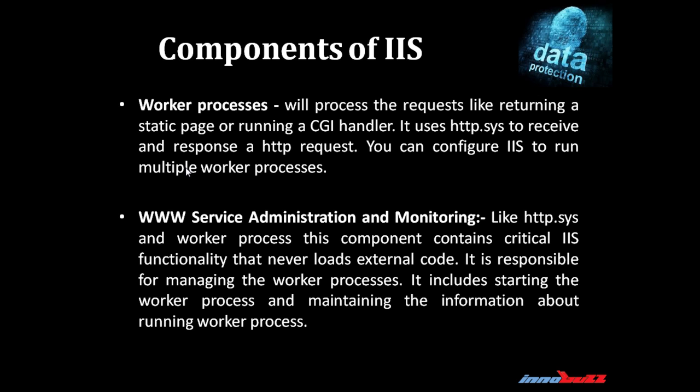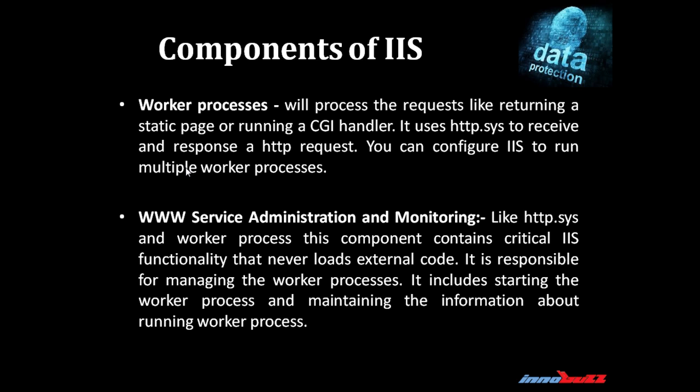Another component of IIS is worker processes, which process requests like returning a static page or running a CGI handler. It uses http.sys to receive and respond to an HTTP request. You can configure IIS to run multiple worker processes.